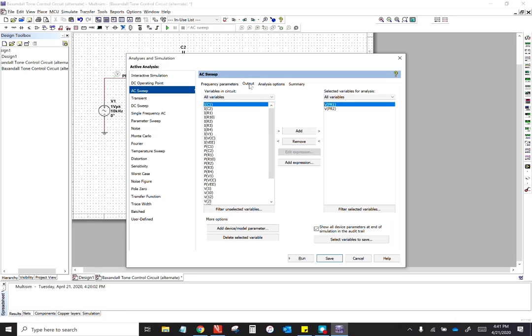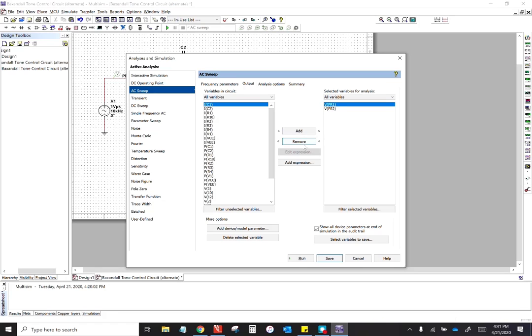Then you have to go to output and tell Multisim what you want to measure. It defaults to the voltage at probes 1 and 2, but we don't want to plot those individually. We want to plot the ratio of PR2 to PR1, the output voltage to the input voltage.